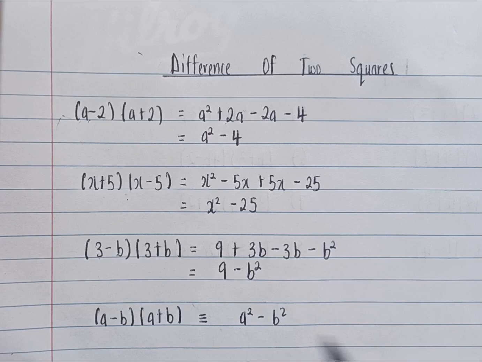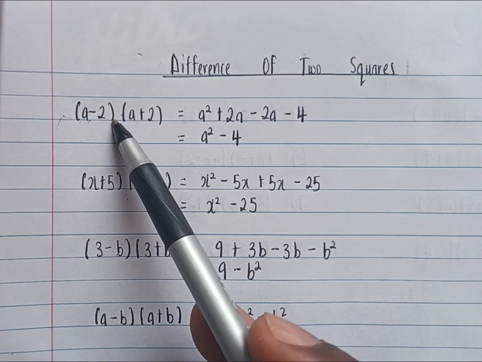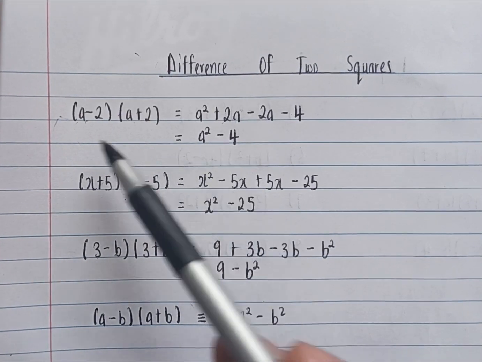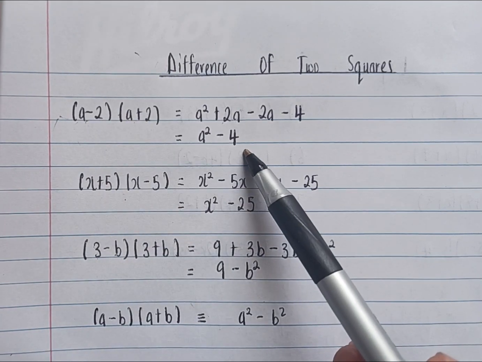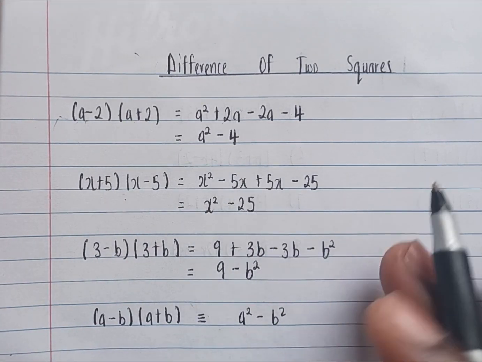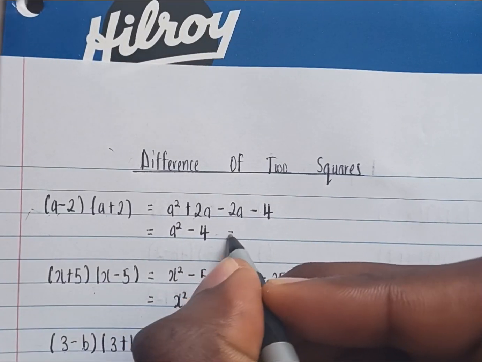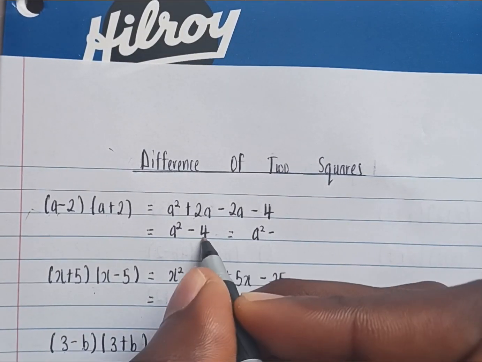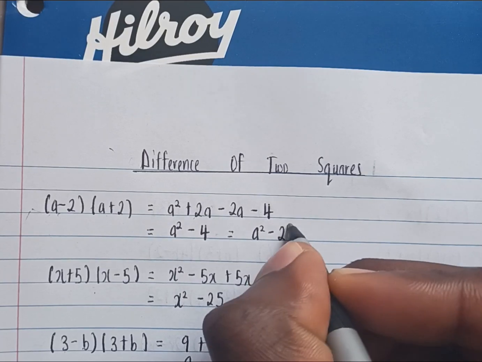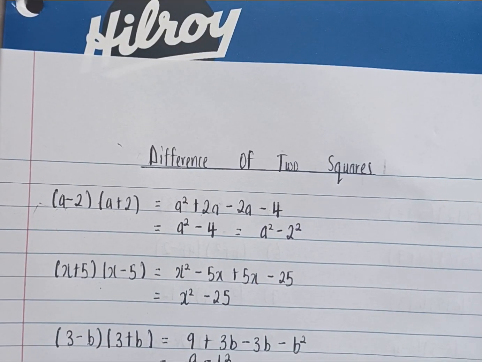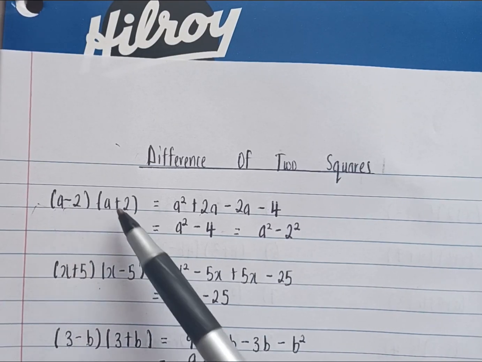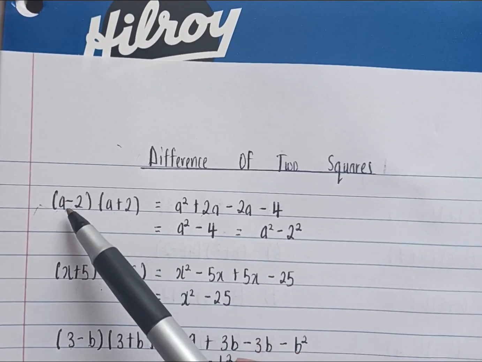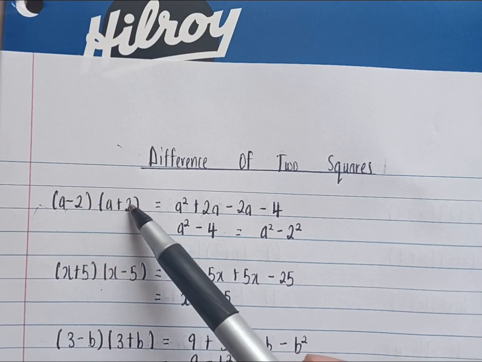Let's go back to our previous examples. Here, for example, we see that this can be written as a squared, which is the first term of each bracket, and 4 is the same as 2 squared. So this is equal to a squared minus 2 squared. So you see that I can write the difference of two squares as the expansion of the terms in the bracket, that is a minus 2 times a plus 2.